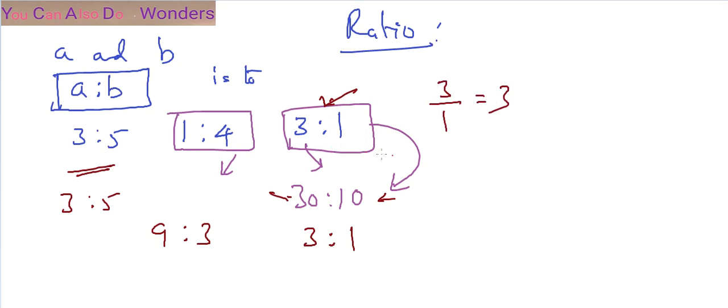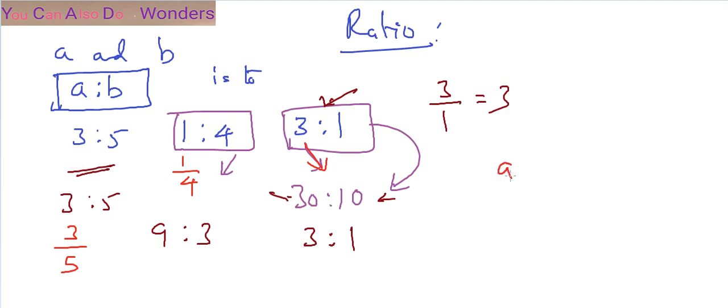Similarly, here if you write it as a fraction, you get 1 by 4, which means the first quantity is 1 by 4 times the second quantity. So here 3 is to 5, the fraction is 3 by 5, which means the first quantity is 3 by 5 times the second quantity.